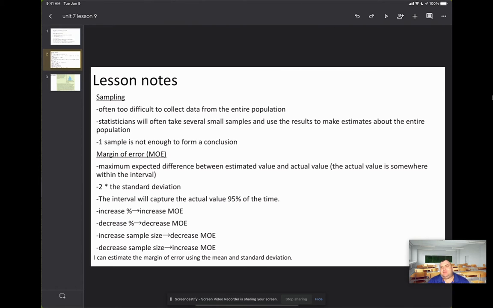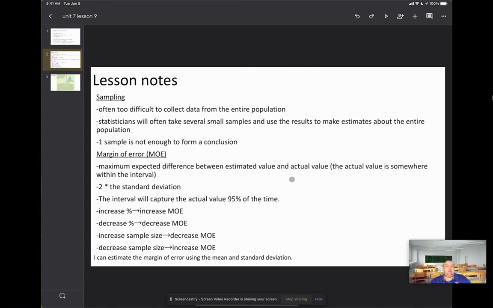If you look at the fine print, there's usually a margin of error involved. The textbook definition is the maximum expected difference between the estimated value and the actual value. So the estimated value is what you conclude based on the data and the samples that you collect, and the actual value is what actually ends up happening.